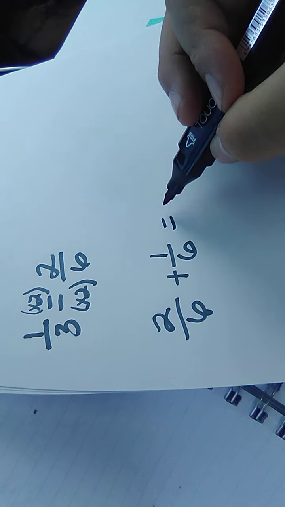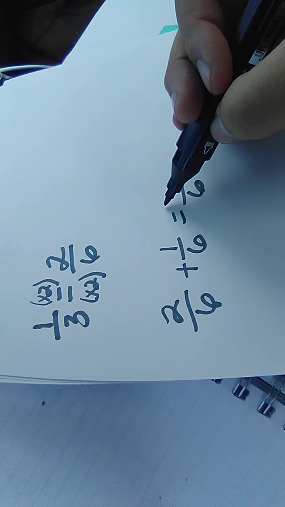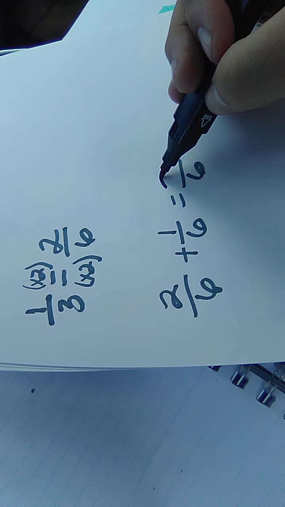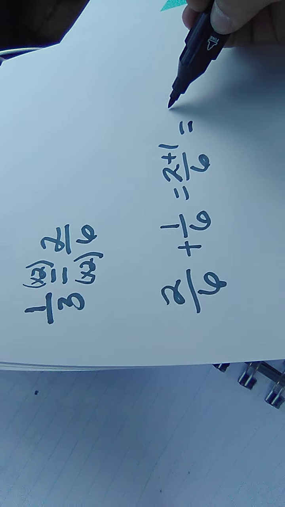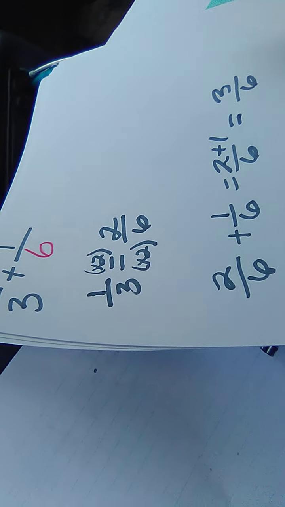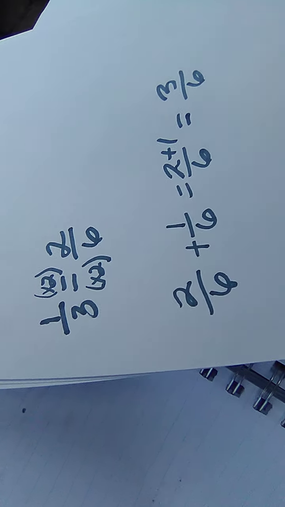So now that can remain the same. We don't have to do anything more. Now we're going to do the numerator though. 2 plus 1 equals, once again, 3/6. And that, class, is how you go from a different denominator to the same and to get a final answer.